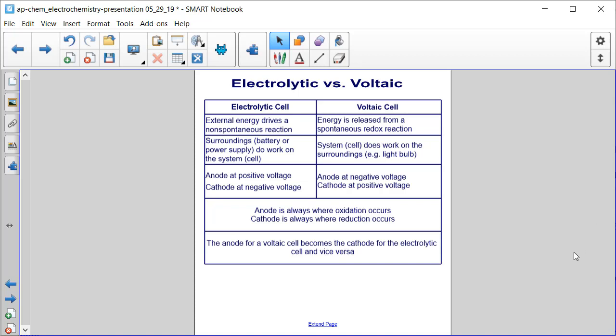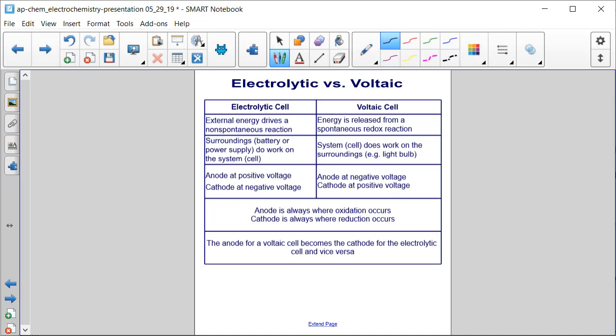All right, let's take one last look comparing voltaic cells and electrolytic cells before we move on. So let's start with the voltaic cell, which we've been studying for a lot of this presentation. In a voltaic cell, energy is released from a redox reaction that happens spontaneously.